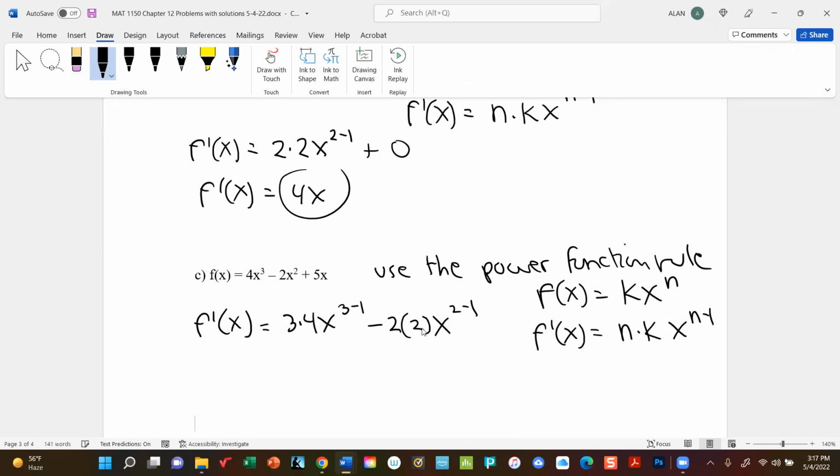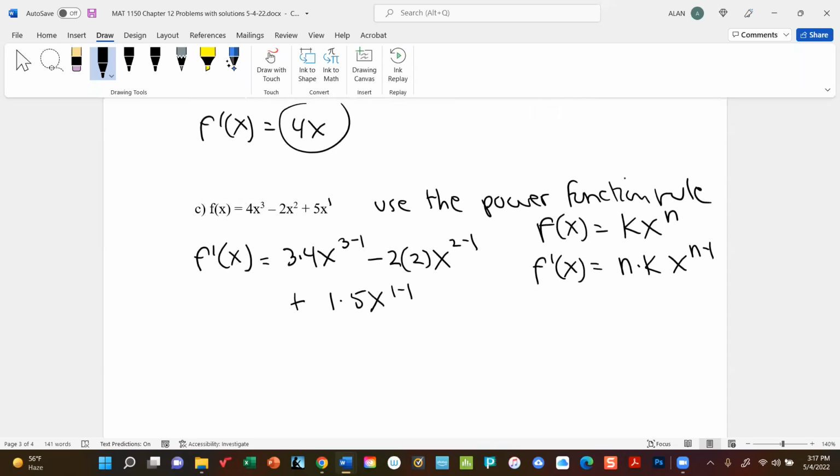And then for the third term, keep in mind that there's an implied 1 here. So 1 times 5, x to the 1 minus 1. And so you end up with 12x squared minus 4x to the first, which is just x, plus 5.